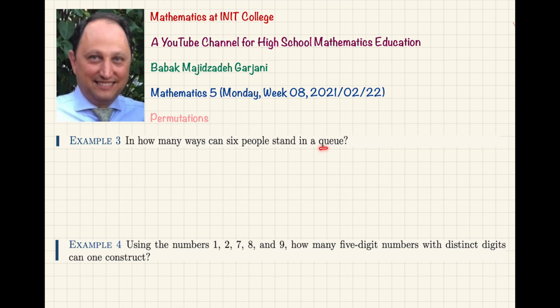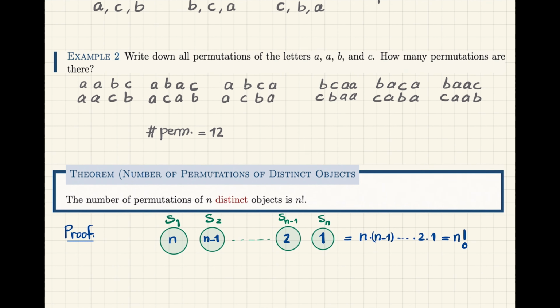And you know about a queue. In a queue, order matters actually. So I have 6 distinct objects. I want to arrange them in 6 distinct positions in a queue. So everything is actually according to this theorem.